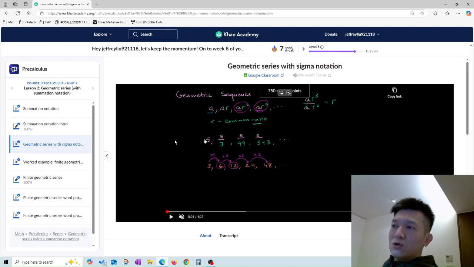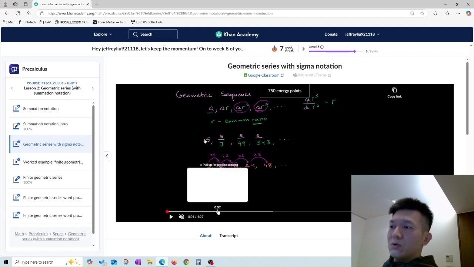That's a1 times the parenthesis of 1 minus r to the power of n, over 1 minus r. That's your summation.